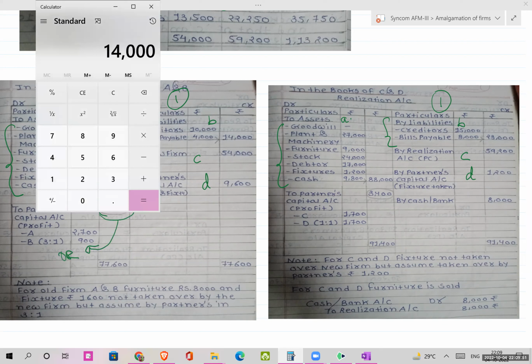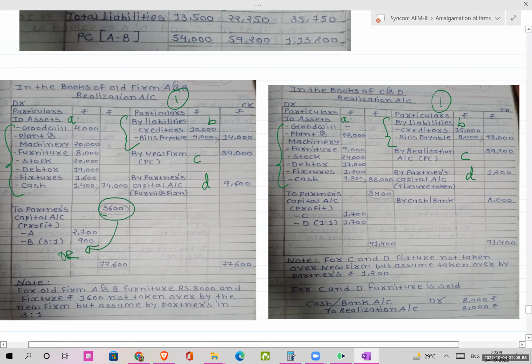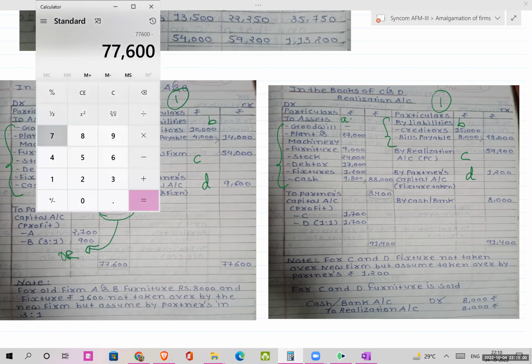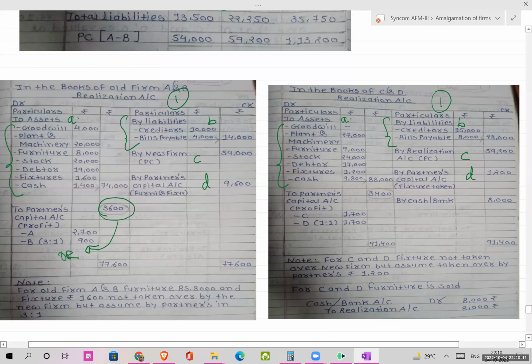So 14,000 plus 54,000 my PC plus 9,600 ka furniture and fixtures minus the debit side 74,000. So 3,600, which I will divide in my old ratio 3:1. Okay. So my answer is 2,700 and 900. Okay. Similarly, same thing here.